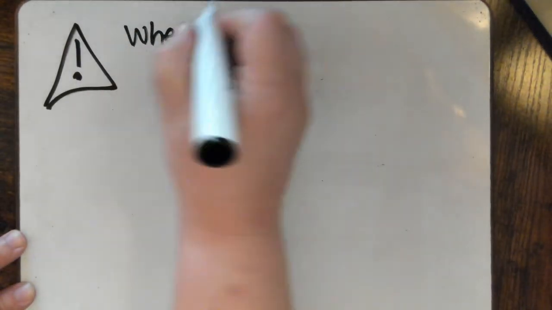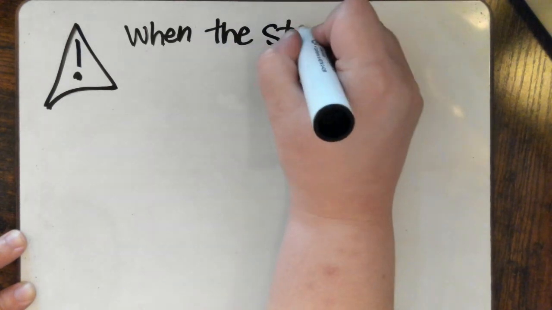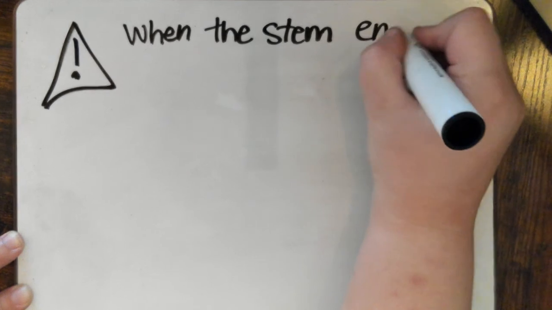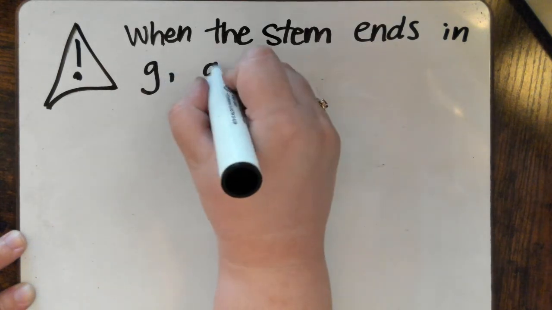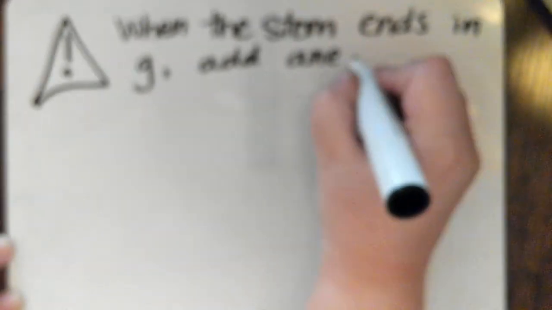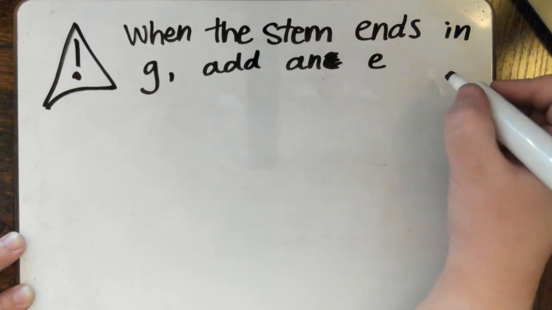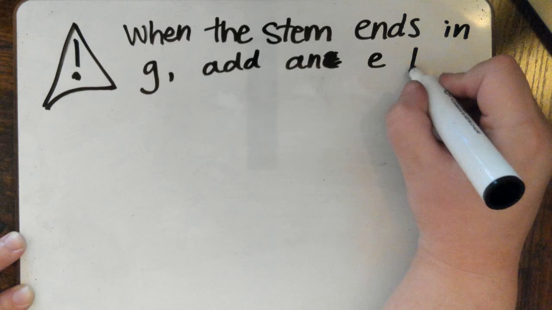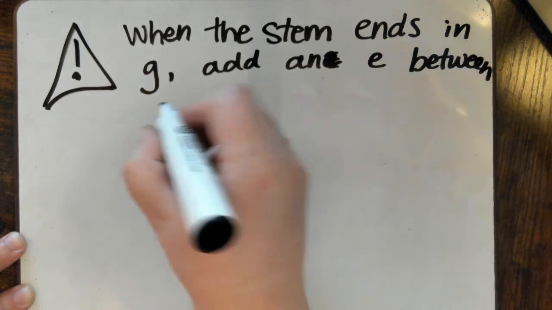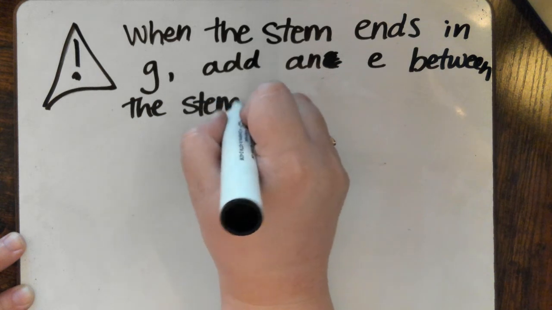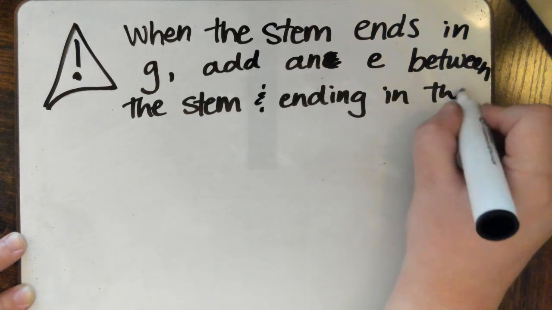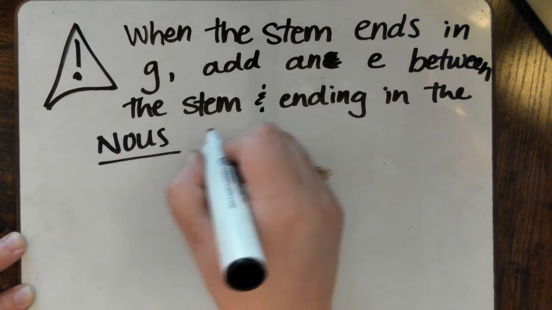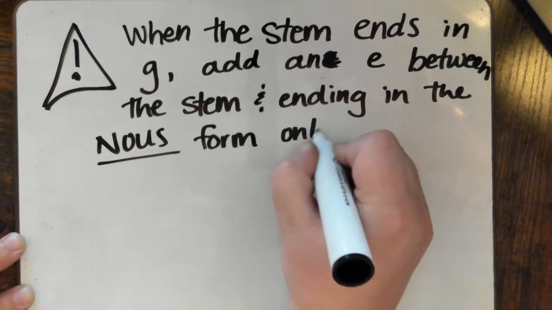The exception is that when the stem of the verb ends in the letter G, add an E between the stem and ending in the nous form only.